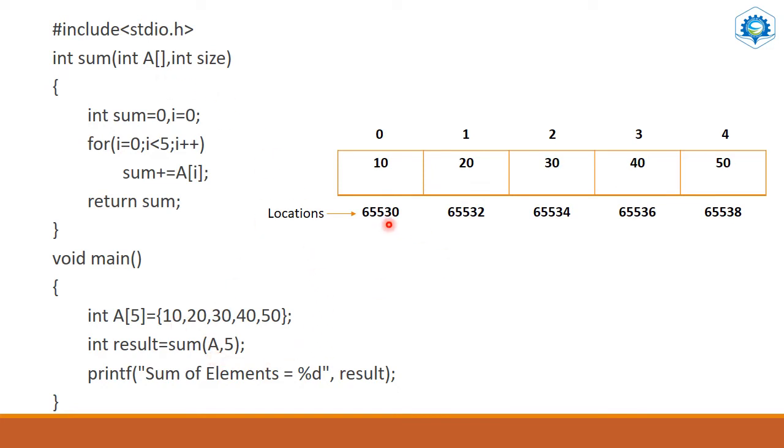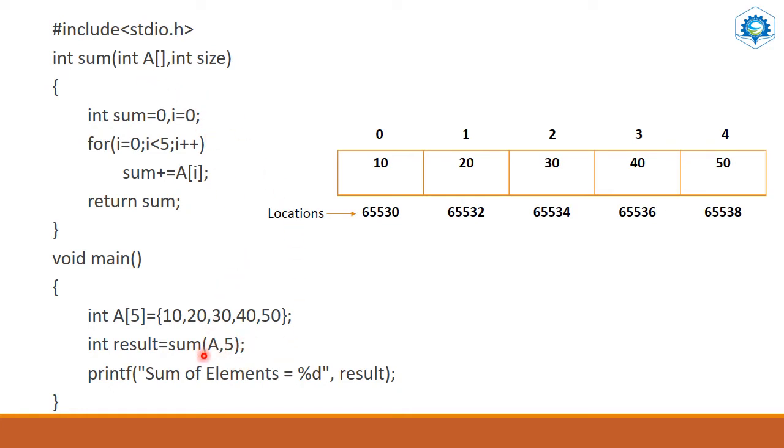In this example, 65,530 is the first address of the array, that is the address of the first element. That is considered as the address of the array. This address will be passed to the function.